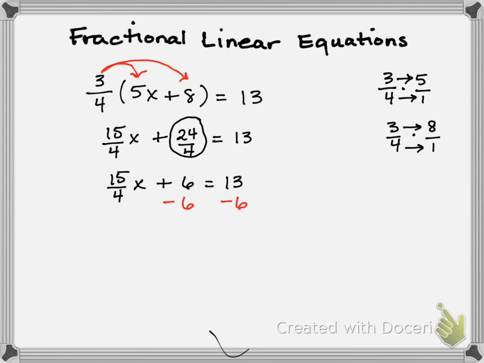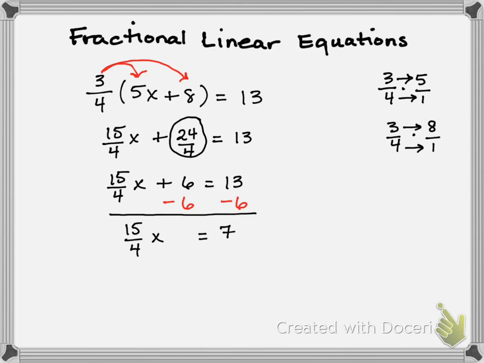Okay. So that becomes 15 over 4 x equals 7. And here's where students get a little confused as to what we need to do. Don't forget, to get rid of a fraction, what you want to do is multiply by the reciprocal of that fraction.